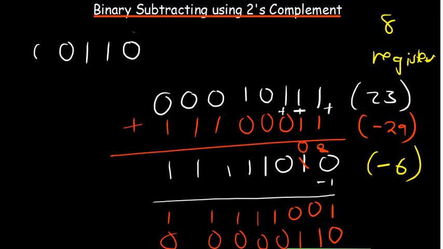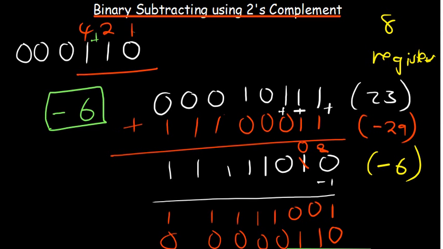Forget about all these other zeros in front. So if you consider this, start from 1. You have 1, you have 2, then you have 4. So it's 4 plus 2, giving you a 6. You negate it, since we are coming from 2's complement. So we're presenting a negative result, a negative 6, which we've proven, which is true.